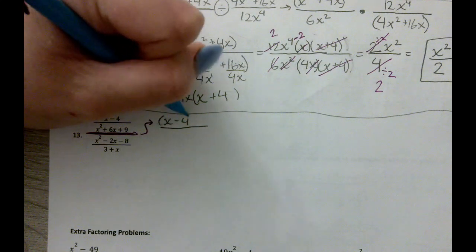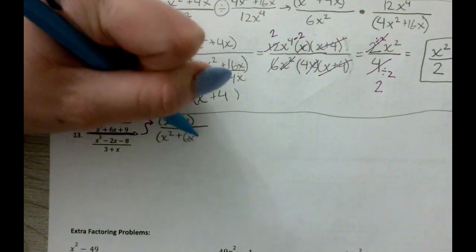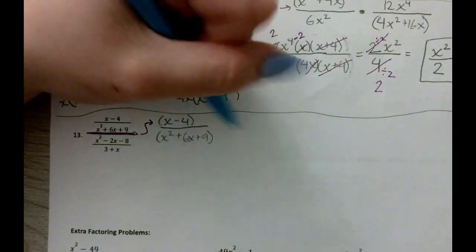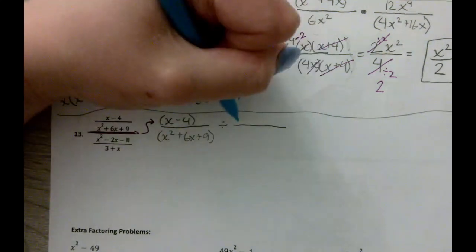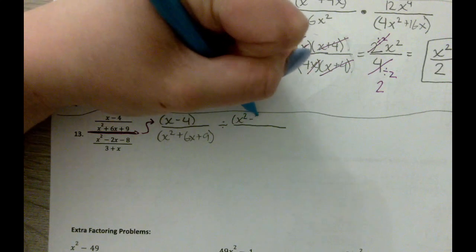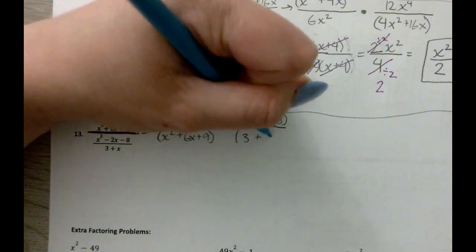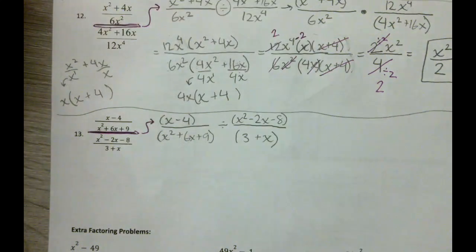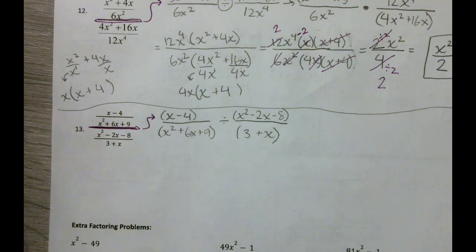x minus 4 over x squared plus 6x plus 9 divided by, we're not changing anything yet, x squared minus 2x minus 8 over 3 plus x. Now I'm going to make a note now. You will thank me later. 3 plus x.